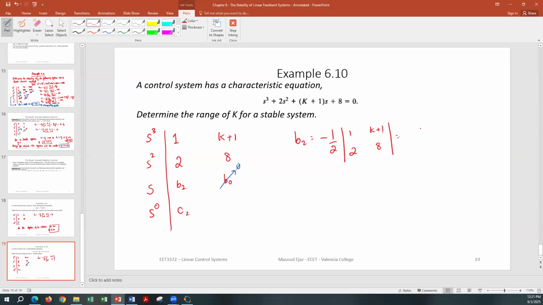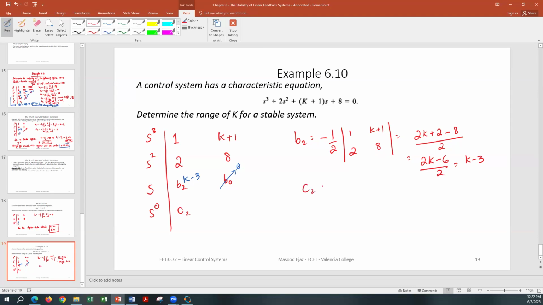That's going to give us (2k plus 2 minus 8) over 2. So 2 minus 8 is negative 6, giving (2k minus 6) over 2, which will be k minus 3. This is k minus 3. And c2 will simply be 8.